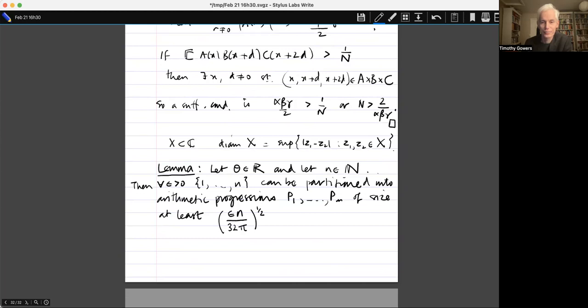Such that the diameter of e of theta Pi is less than or equal to epsilon for each i.